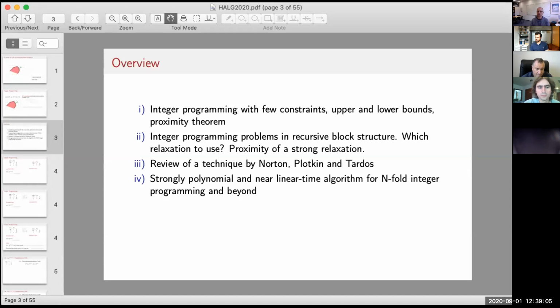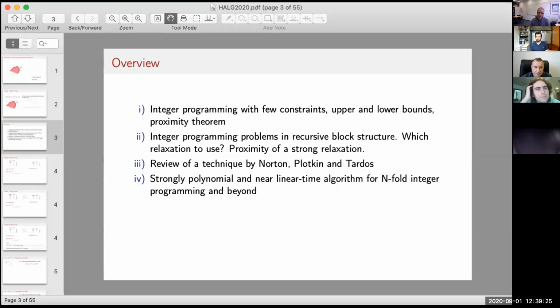Then I will switch to integer programming problems in recursive block structure. This has received a lot of attention also in the field of exact algorithms, and in particular this n-fold setting and the bounded dual treewidth setting of integer programming.